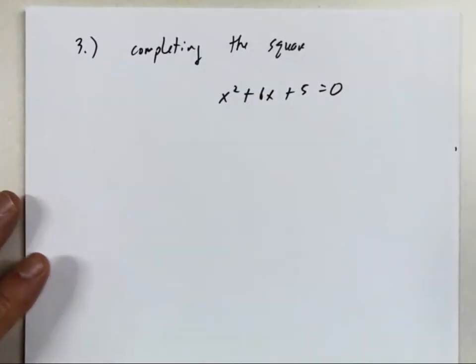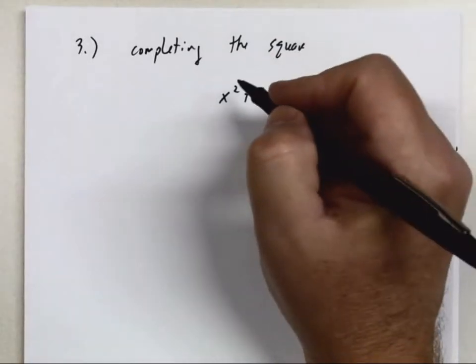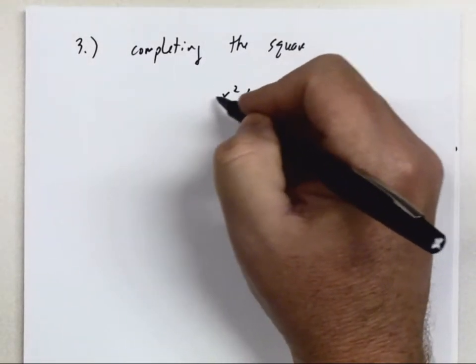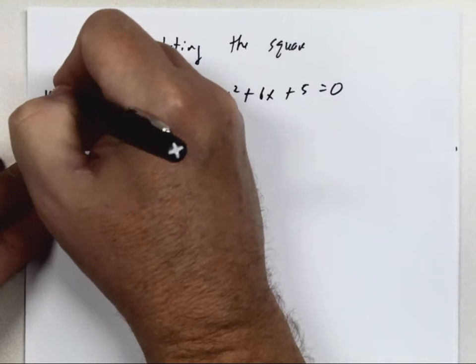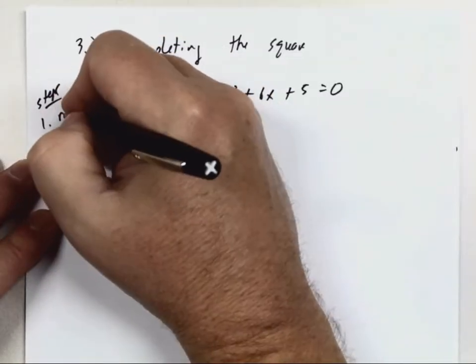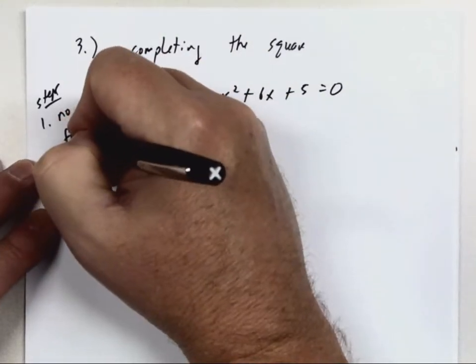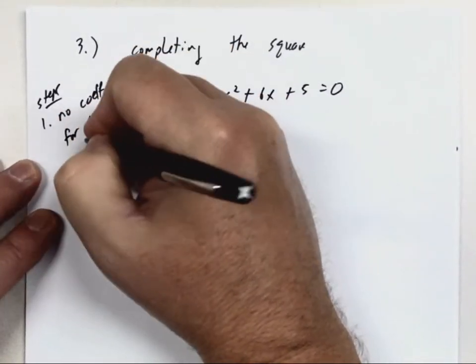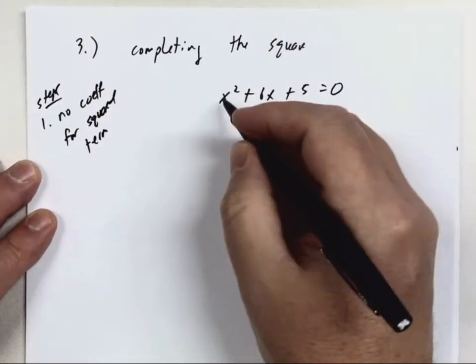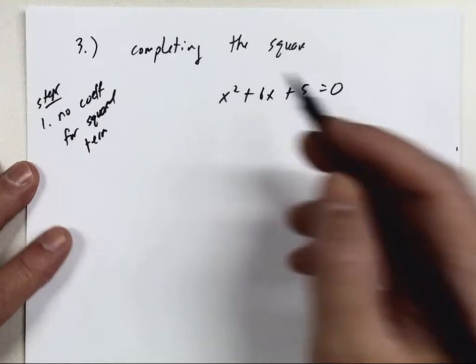So let me go through the steps and show you how to complete the square. First of all, you have to make sure there's no coefficient for the squared term. I can't have a 2 here or a 3.